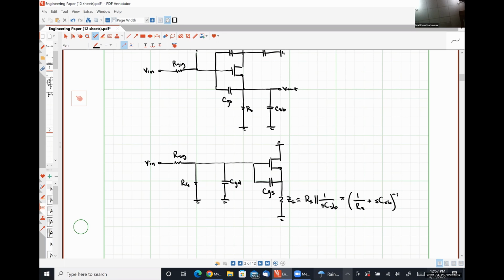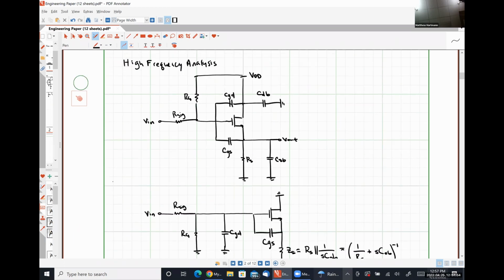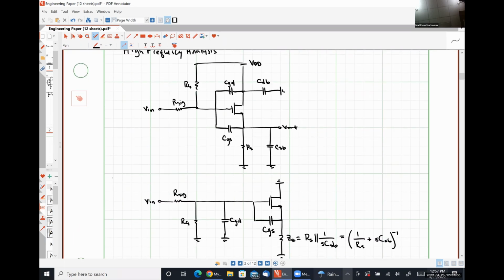So effectively, all I'm doing here is treating these two things as conductances in parallel to get to this result. So this is my impedance, which is going to be the inverse of my conductance. Everybody okay with that? Does CDB go away? That's correct. Yes. So just to scroll back up here real quick, we have a ground on the right-hand side of CDB, and then we have an AC ground, VDD, on the left-hand side of CDB. So that's why it's not showing up in our simplified view.